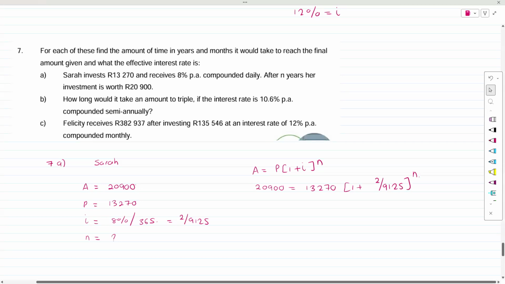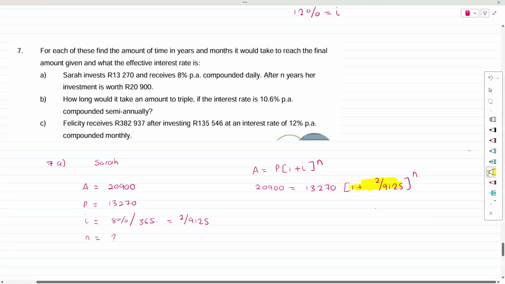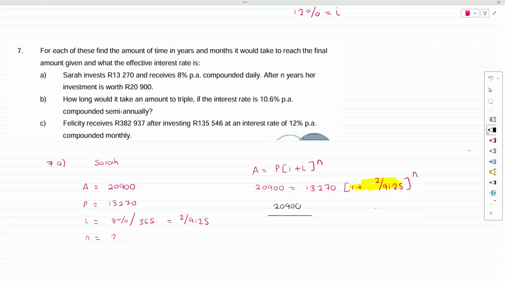Now, guys, this can be simplified, and it's quite simple. Let's go with 20,900 over 13,270.